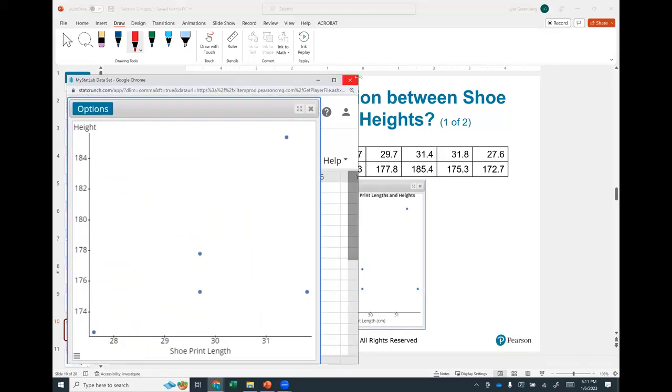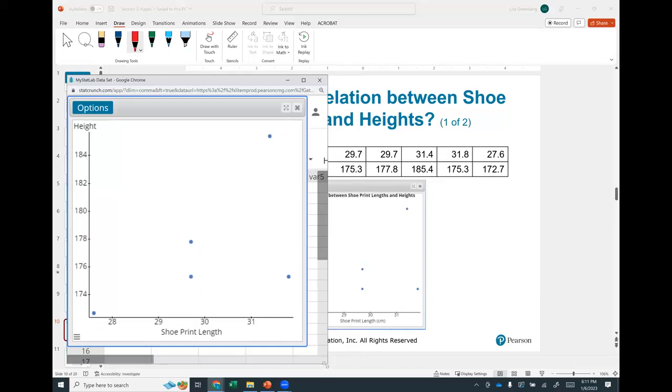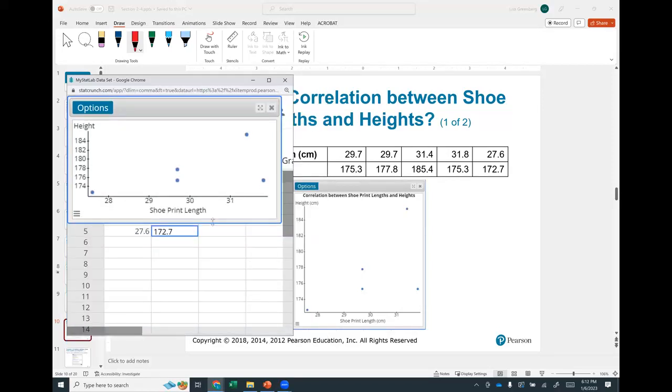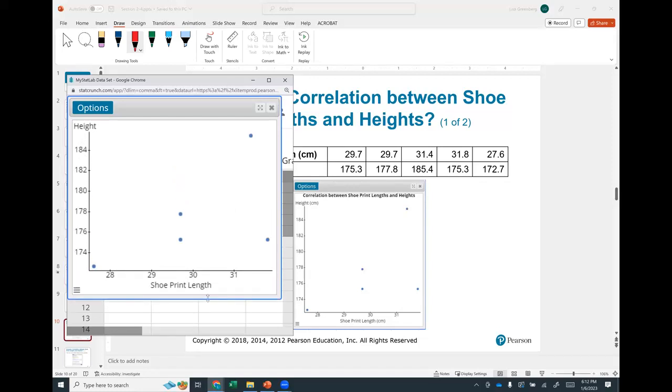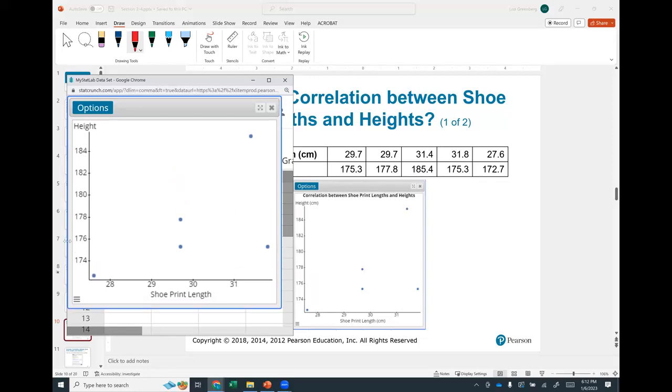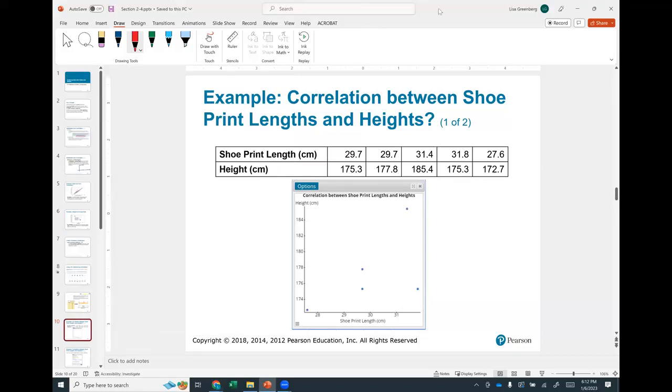It's a little smaller. I want to get them on the page at the same time. That's pretty good. So we can see that this looks exactly the same. These points are the points in my graph. So, for example, hold on.